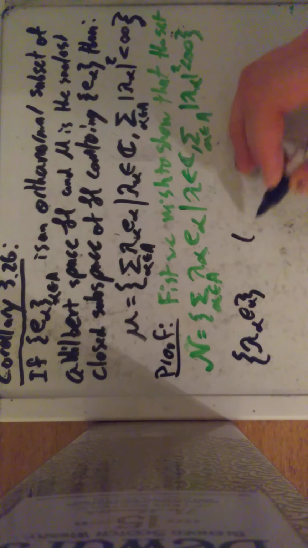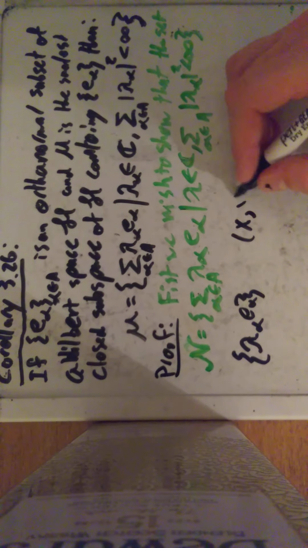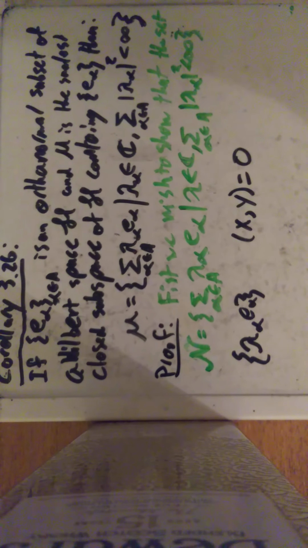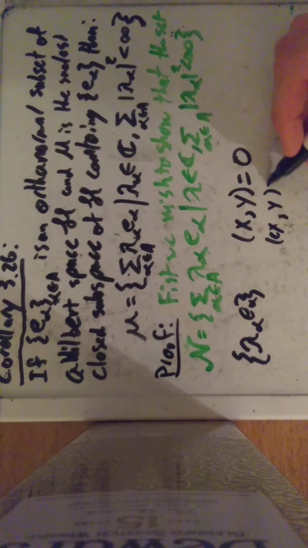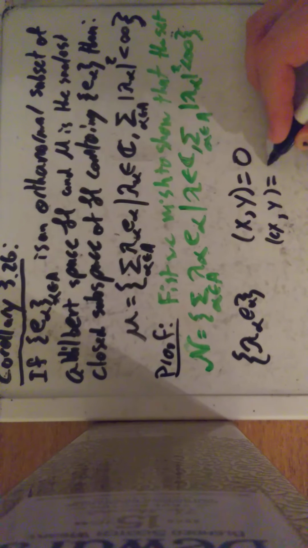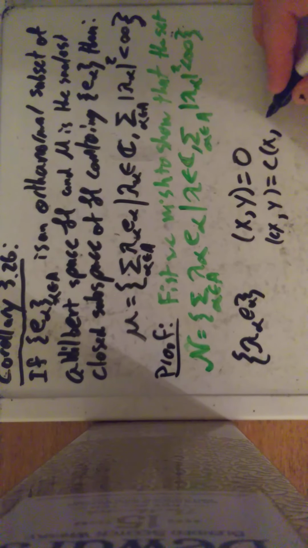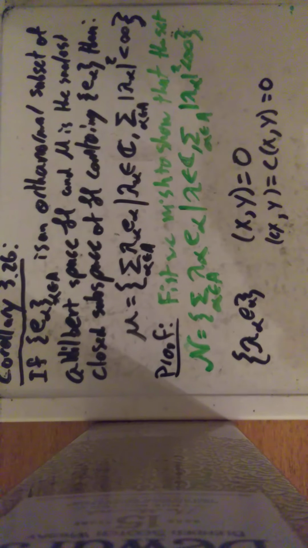The reason for this is, if I have two elements, x and y, that are orthogonal, then their inner product is 0. Now, from our basic definitions of an inner product, if I have a coefficient on the first one, I'm able to pull it outside of our inner product, and hence we'll still get 0 for the inner product. So putting a scalar on the first element in an inner product does not change the orthogonality of the vectors.